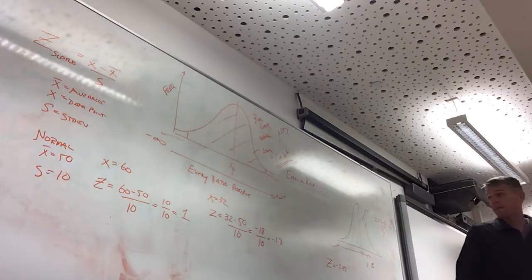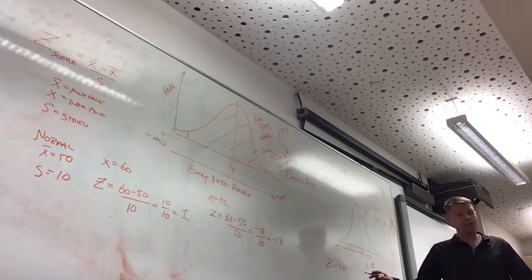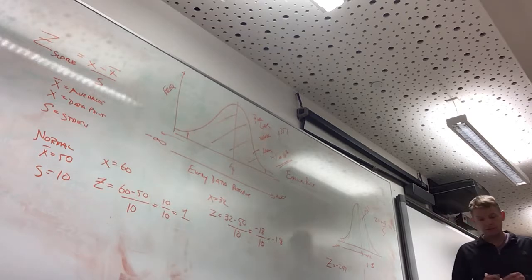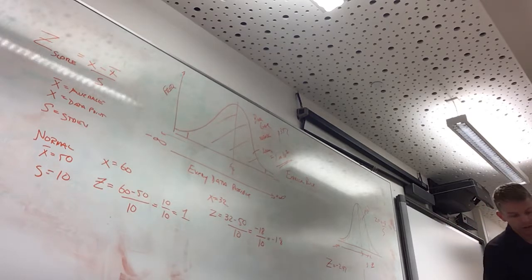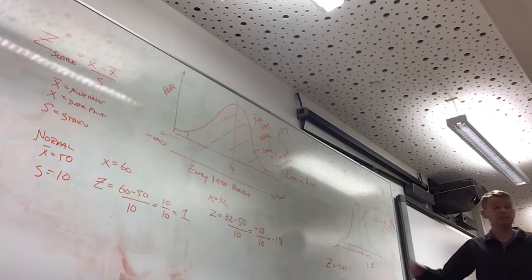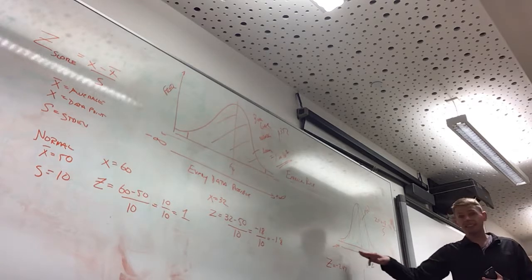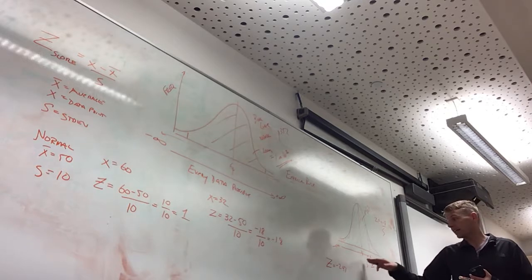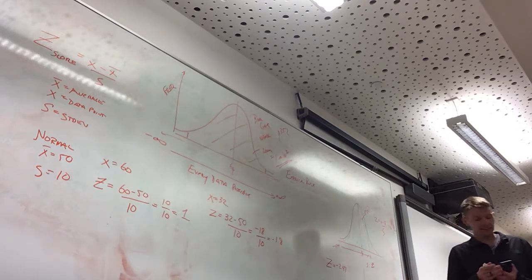Number one, if it's negative, it's on the left side of the bell curve. If it's positive, it's on the right side of the bell curve. Number two, from negative infinity to the center point is 50% of the data, and there's 50% of the data on the other side as well.